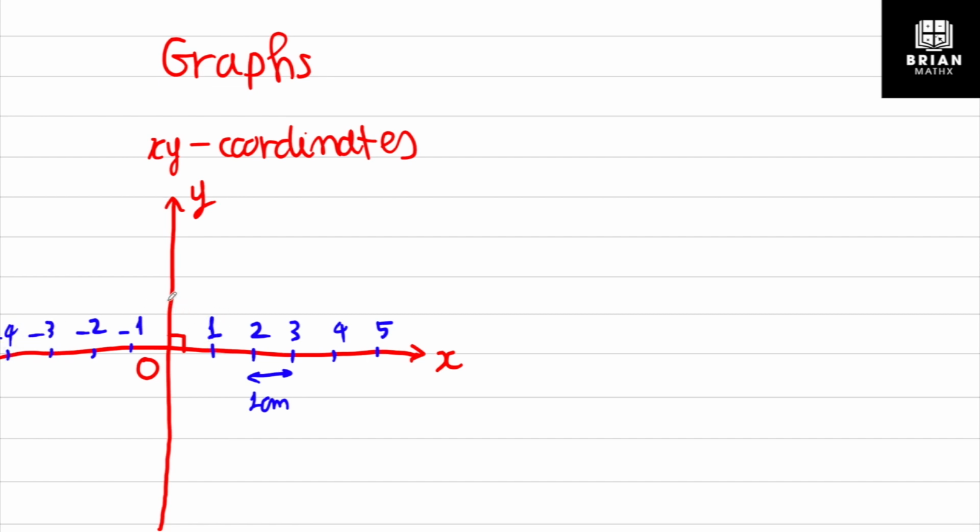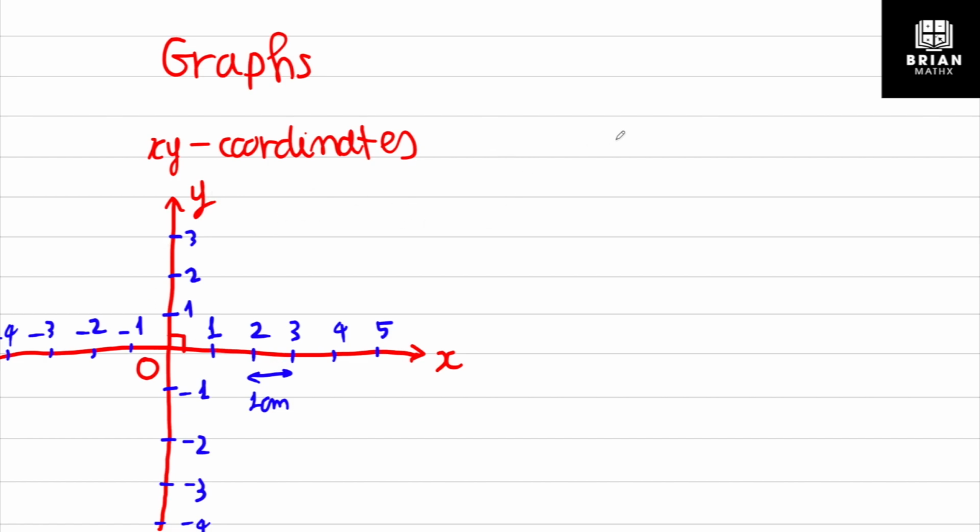The same thing for OY, the vertical line: you have 1, 2, and 3, and below you have -1, -2, and -3. After this step, you have already set up the XOY coordinate.